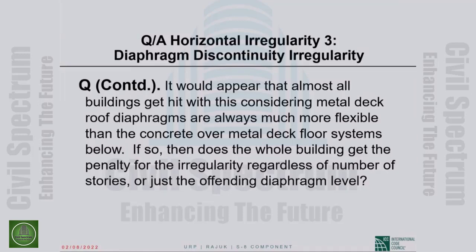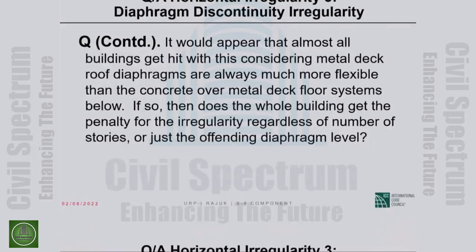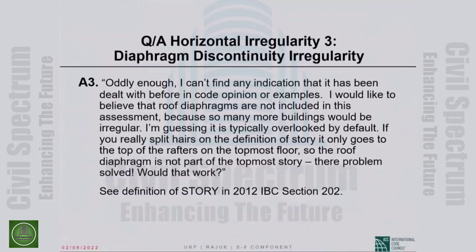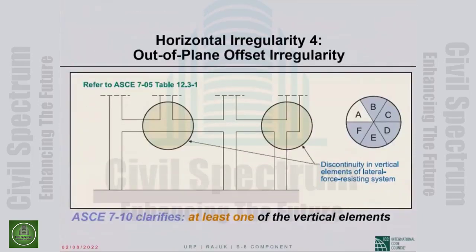We're not going to do anything on the roof anyway, so there is no reason to put a concrete topping. So are all those buildings irregular? The untopped roof diaphragm is definitely much less stiff than the topped floor diaphragms. Are all those buildings irregular? And opinions are expressed that you can read. And that situation probably does not exist in Bangladesh, at least to a significant extent. So don't maybe worry too much about it.